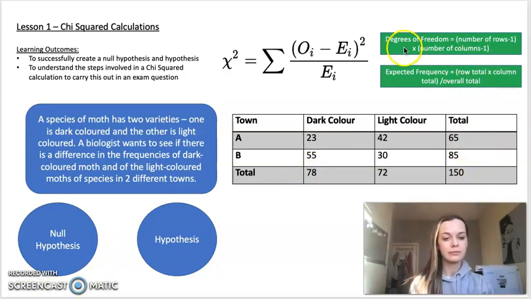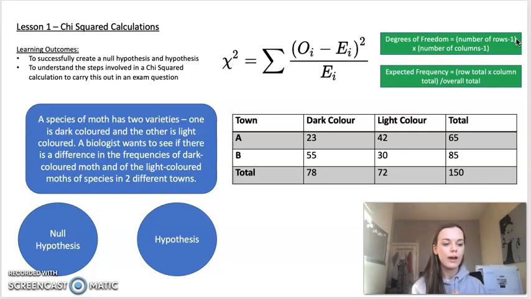So the degrees of freedom calculation shown here is used to determine whether your chi-squared value is significant or not. If your chi-squared value is significant, this means you can accept the hypothesis and reject the null. However, if your chi-squared value isn't significant, then you must accept the null hypothesis and reject the hypothesis.